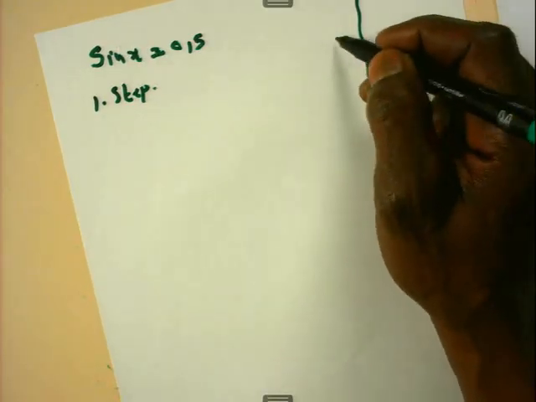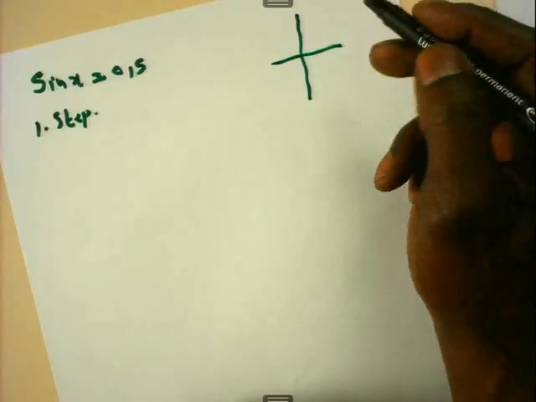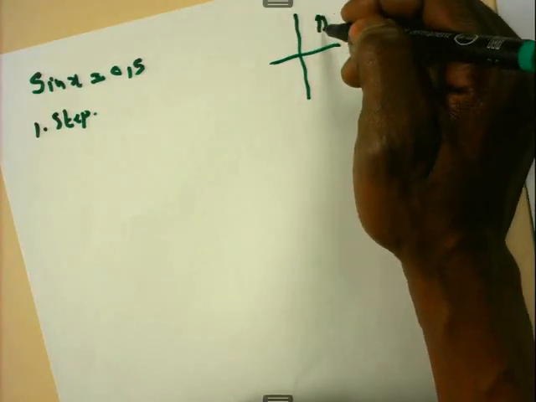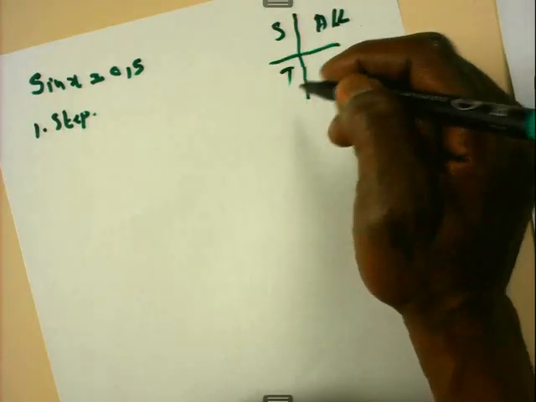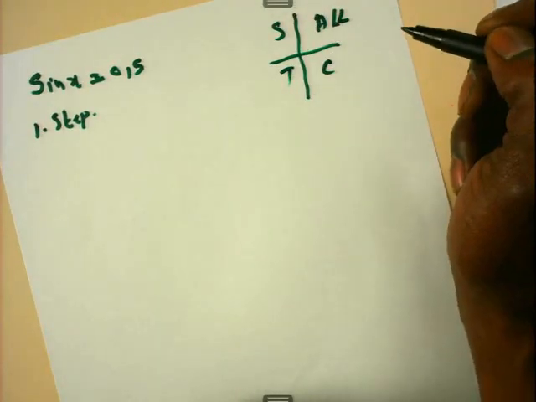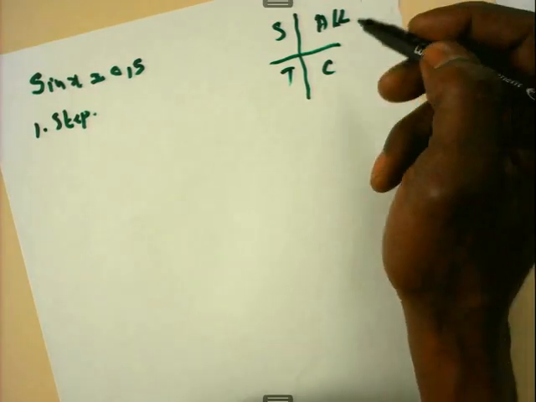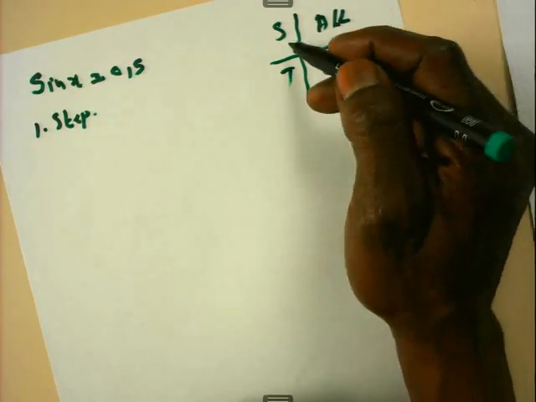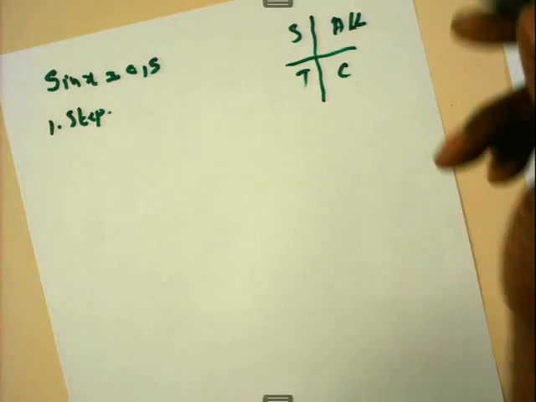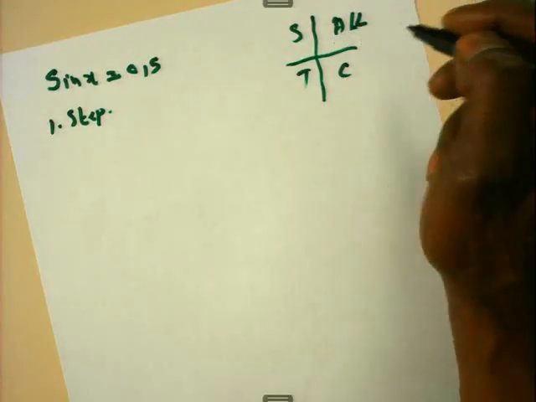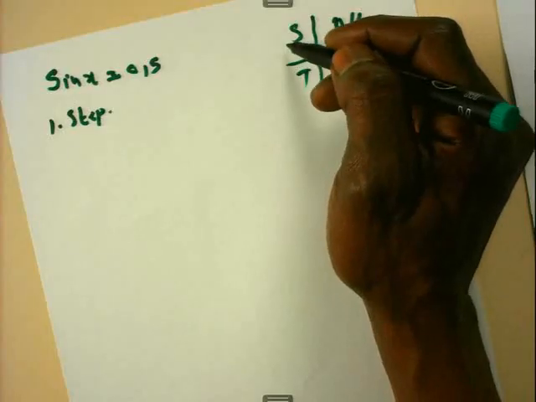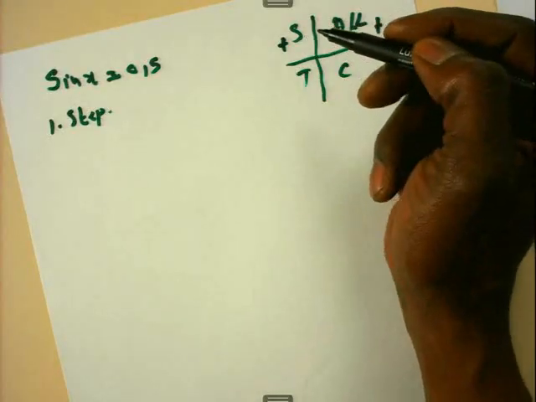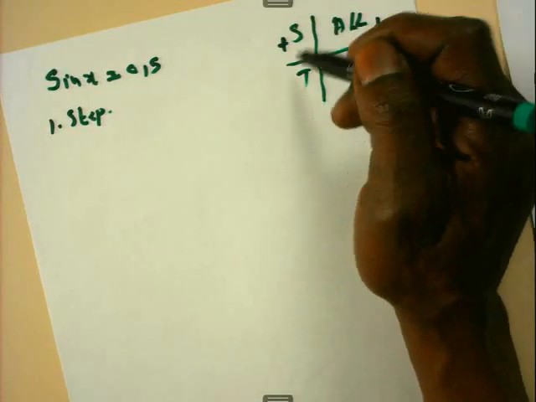Now, if we use our Cartesian plane, they normally have some clues for this, and the recent one that I've heard is "All Stupid Teachers". So all these ratios are positive in the first quadrant. In the second quadrant is only sine and its reciprocal, which are positive.